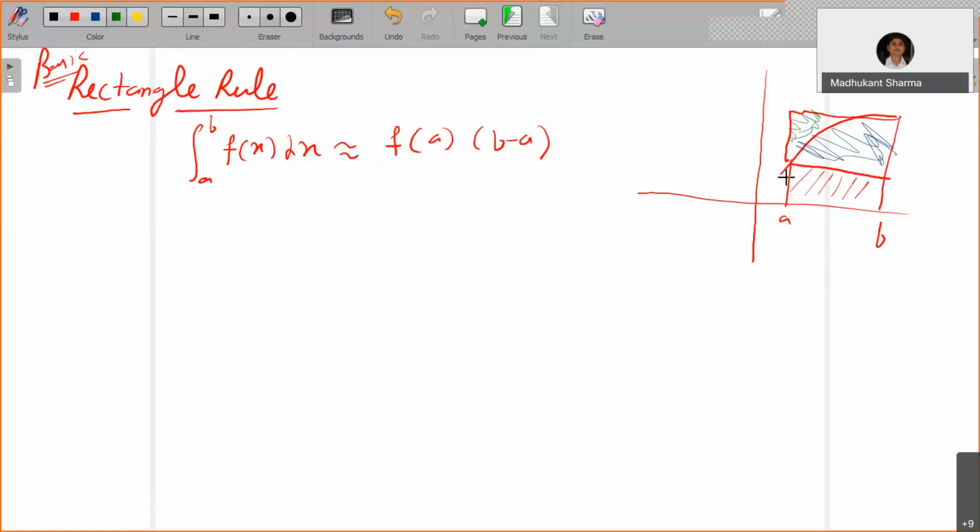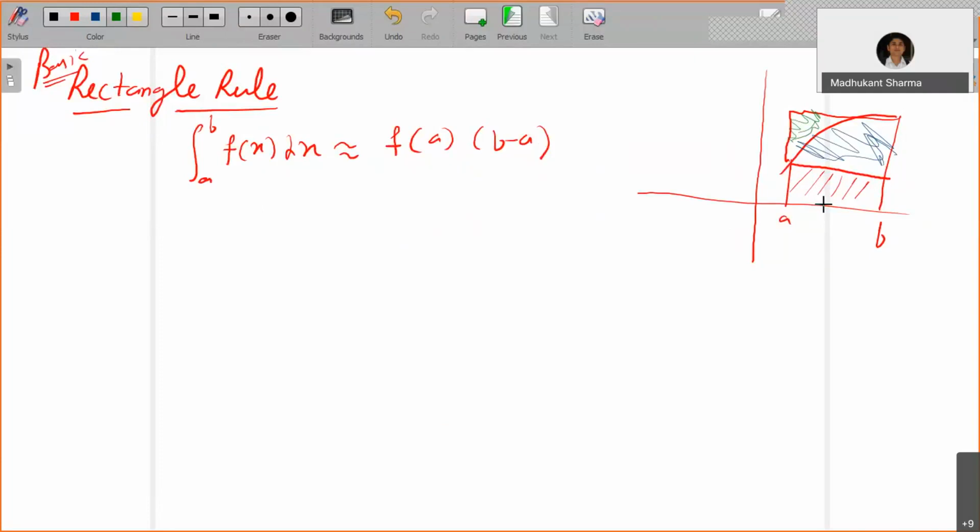And you can also see that for this rectangle rule, if you talk about the error term, you are approximating by a constant polynomial, f of a. Constant polynomial means 0 degree polynomial.